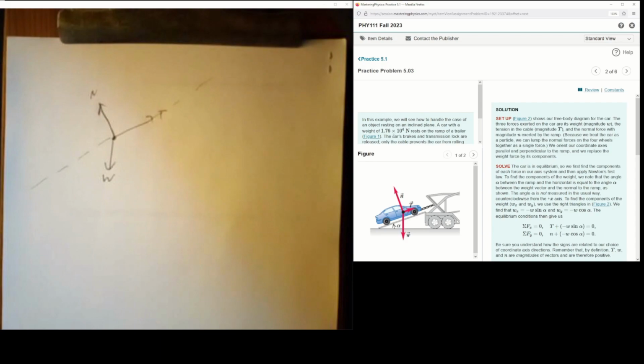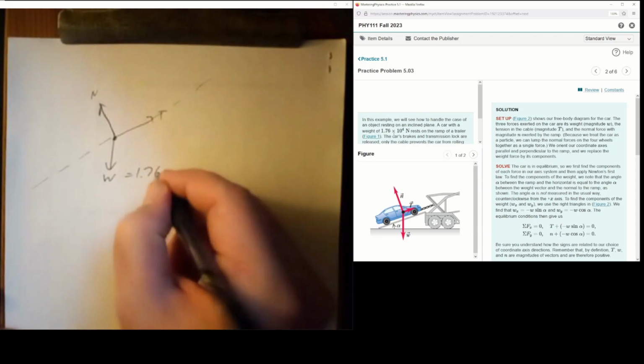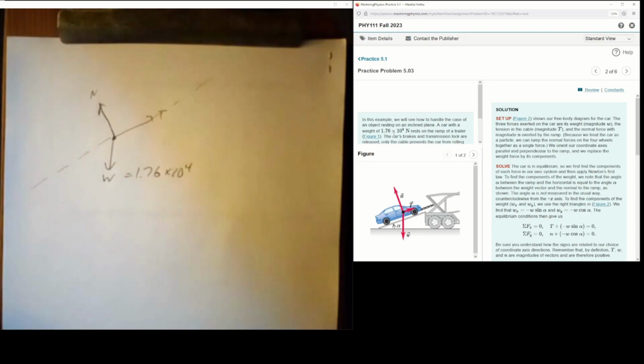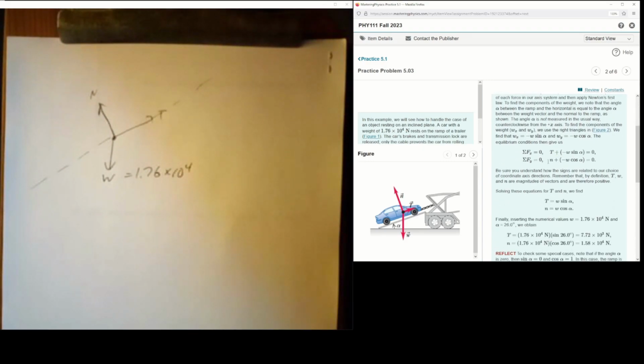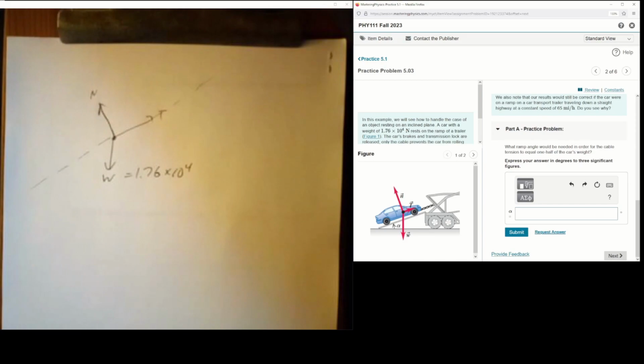And they do tell us the weight, 1.76. And they want to know what ramp angle would be needed in order for the cable tension to equal 1/2 of the car's weight.